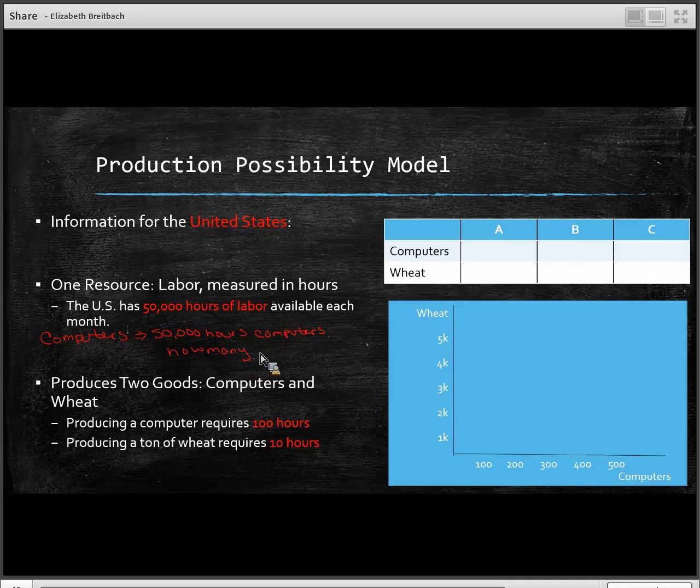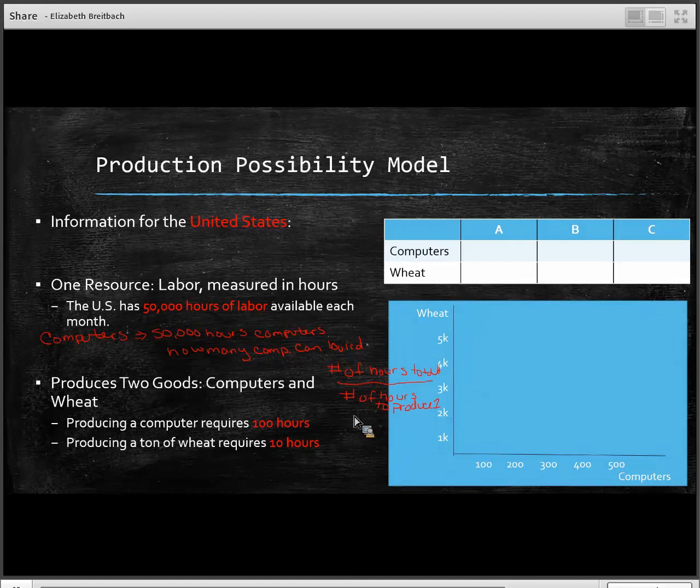That's the question. How many computers can we build? And so to determine that, what we're going to do is put the total number of hours that I'm going to use to build computers, and divide it by the number of hours to produce one.